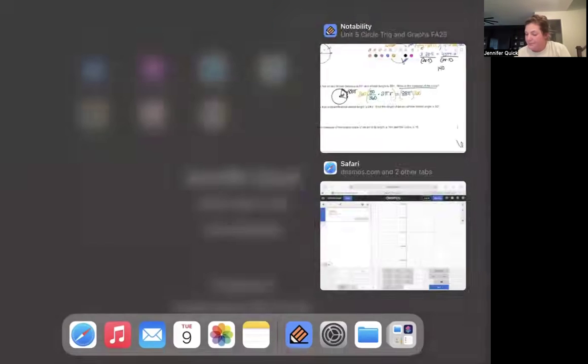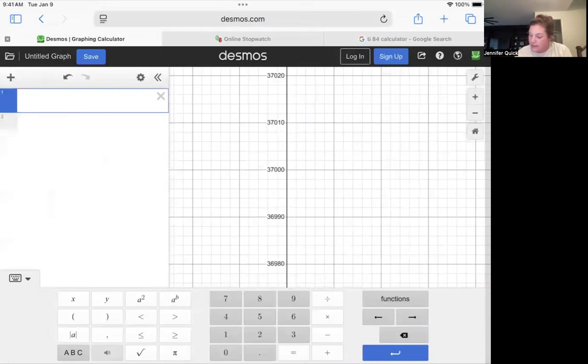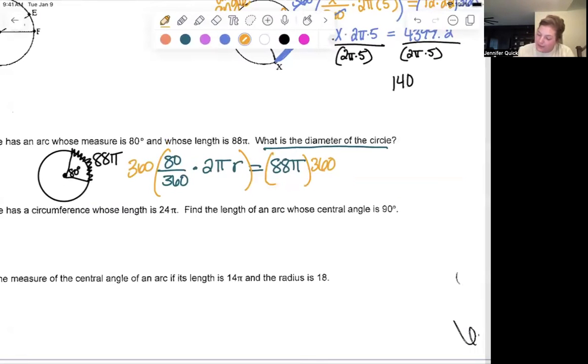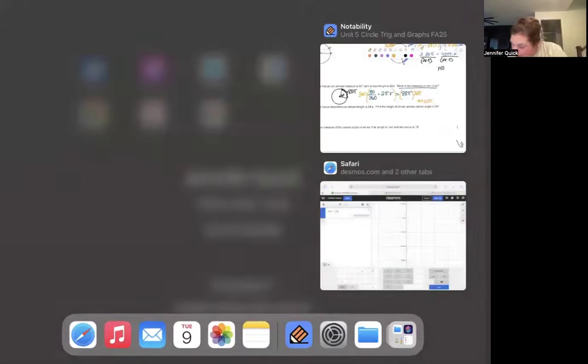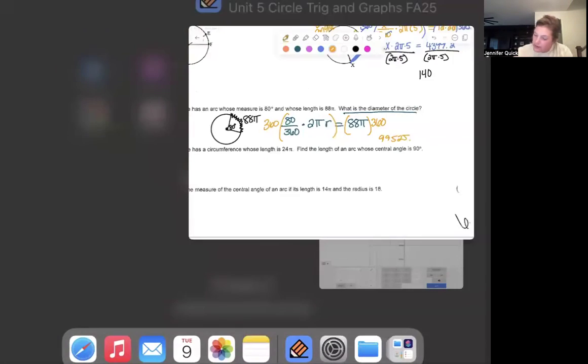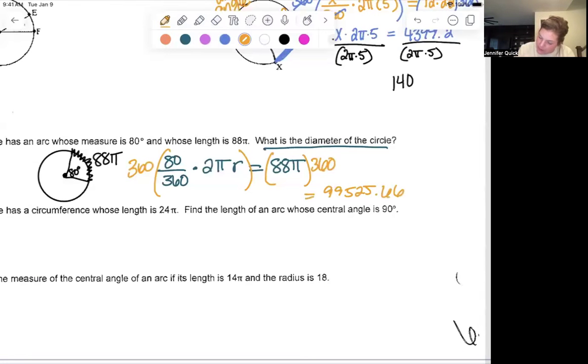Okay, yeah. I'm actually going to do this. I think I might just do that. That looks disgusting. Whatever. 99,525.66 equals. Okay, that got rid of that. That got rid of that. Careful.